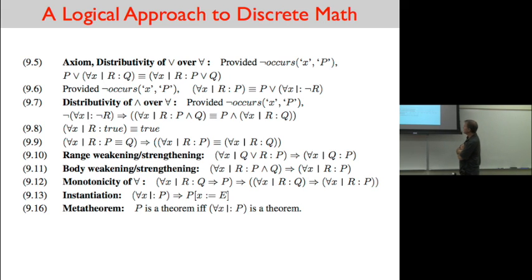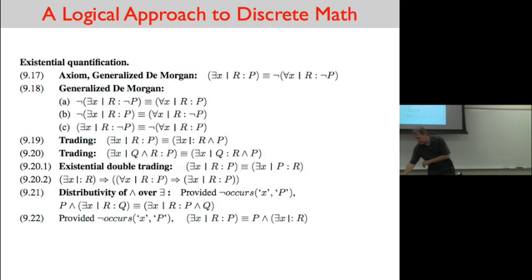So what you can do is you pull out the body and you OR it, and then it's that with not the range, right? So it's that, and then you pull out the body, so it's not P or.